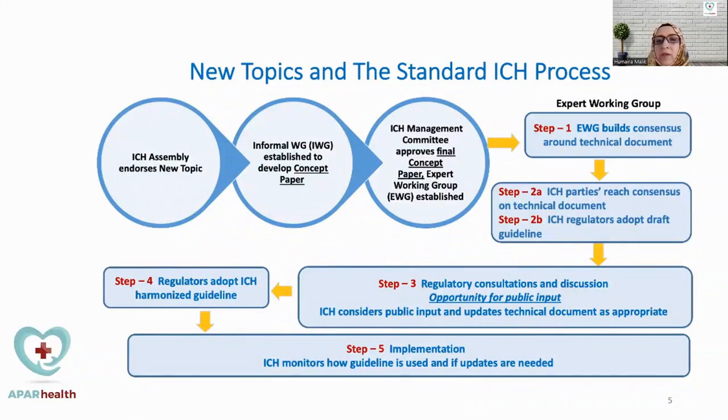Let us first of all understand the process by which ICH establishes the revision of any concept paper or any guideline. It starts with endorsement of a new topic. The ICH Assembly endorses a new topic.